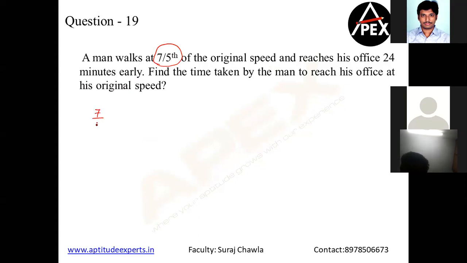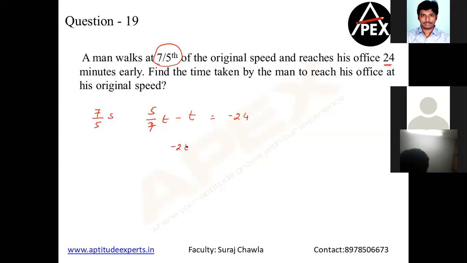If he is walking at 7/5 of the original speed, the time taken will be 5/7 of the original time. Clear? Now, if you are subtracting t from here, please understand he is reaching 24 minutes early. 24 minutes early can also be written as minus 24. So what do you get from here?